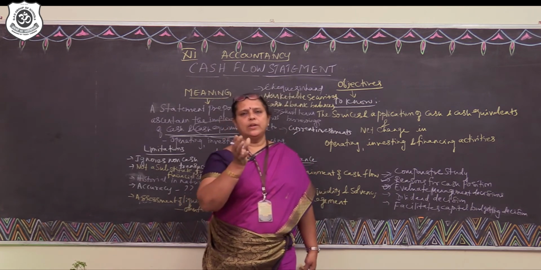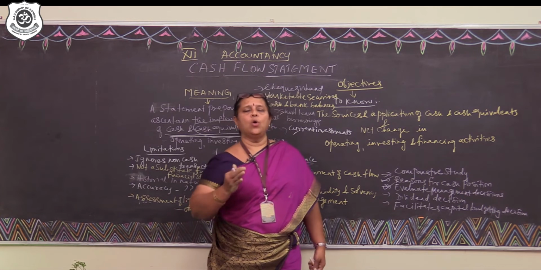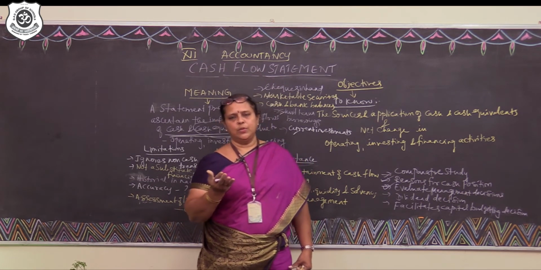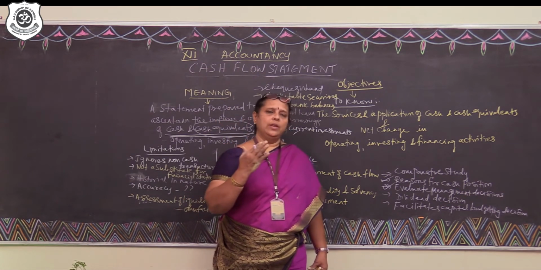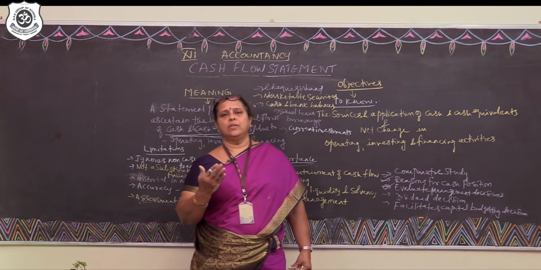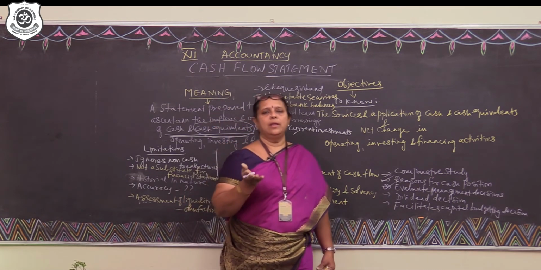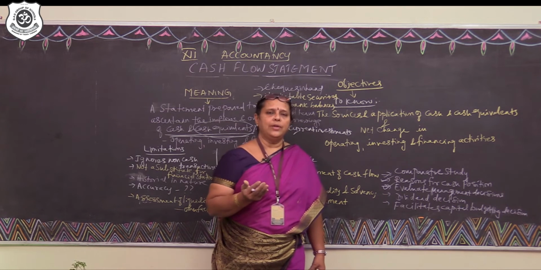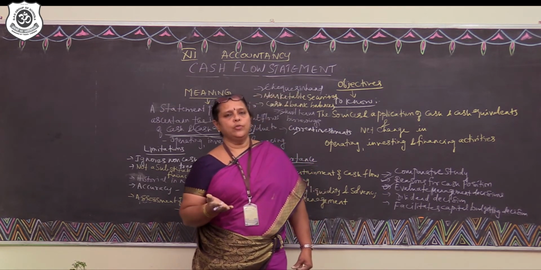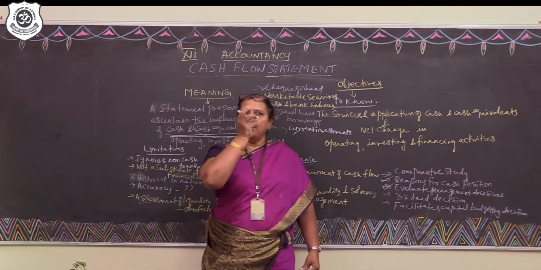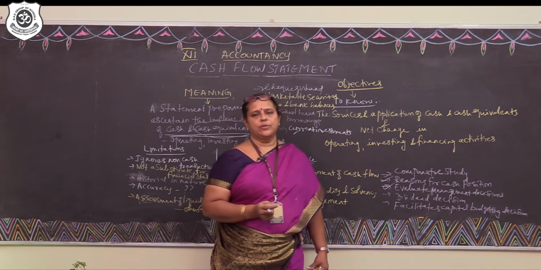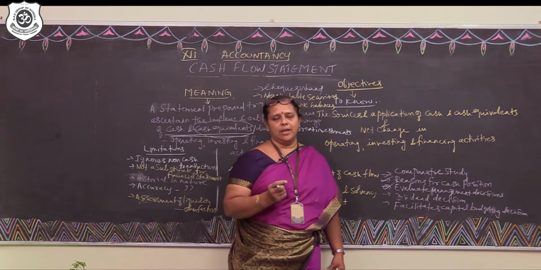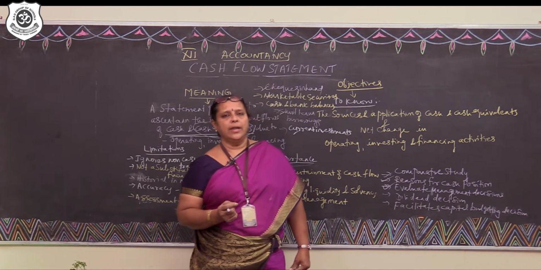So, investing activities will reflect the net inflow or outflow due to investing activities. Operating activities will reflect the increase or decrease in the operating activities. Similarly, financing activities will reflect the net inflow or outflow due to financing activities. So, by just looking at the cash flow statement, the management can decide whether their decision is right or not.